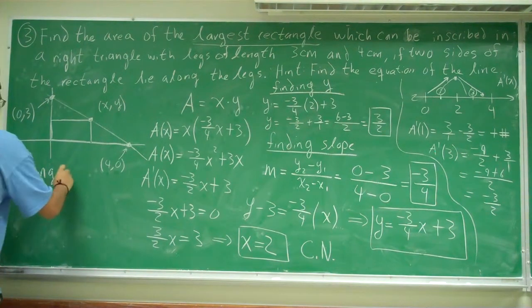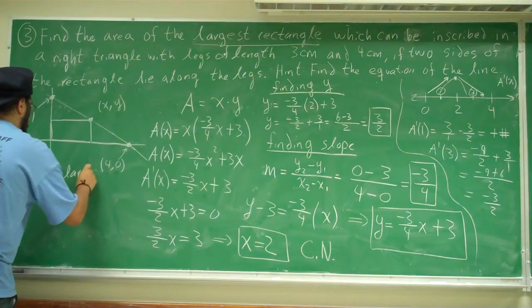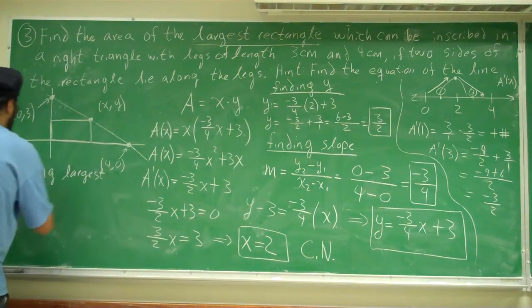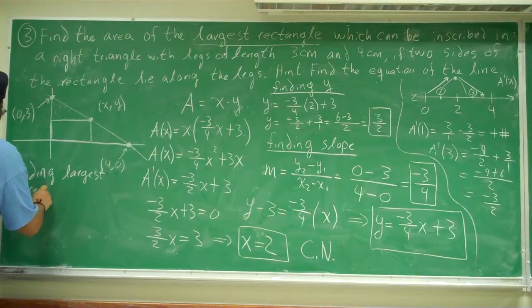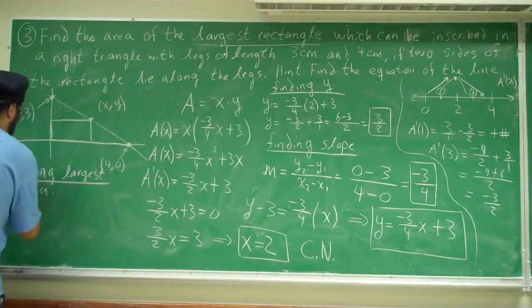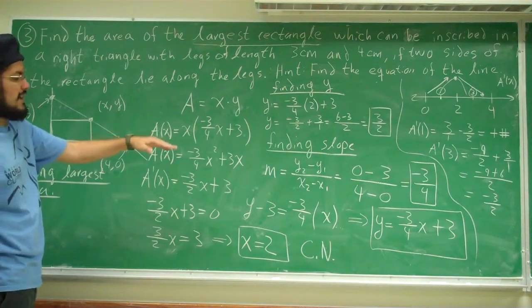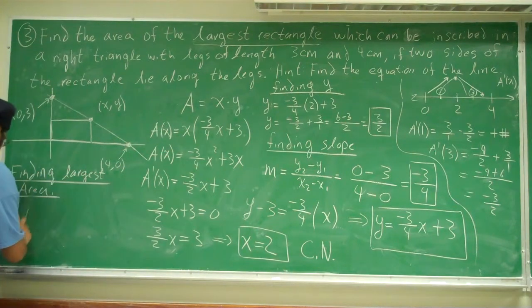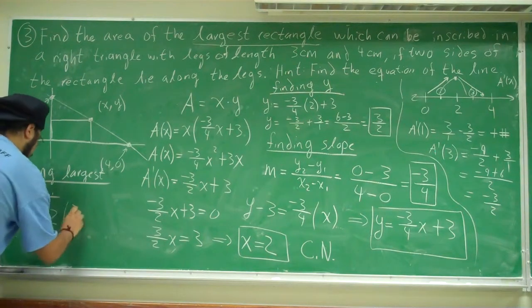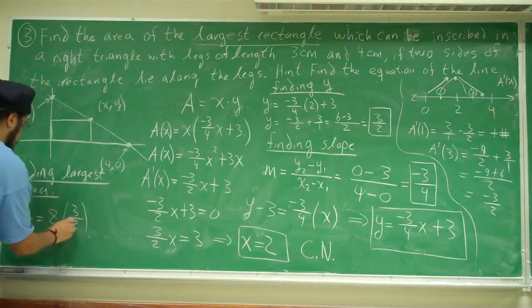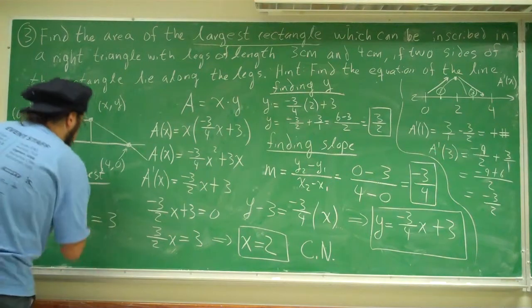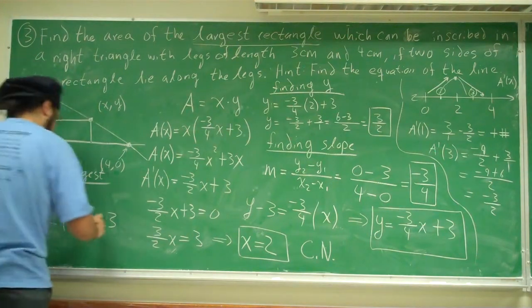So finding the largest area. We already have the x and y that produce the largest area, so let's just plug it in. So area is equal to 2 times 3 halves. The 2's cancel out, so we're left with 3. Area is going to be 3.